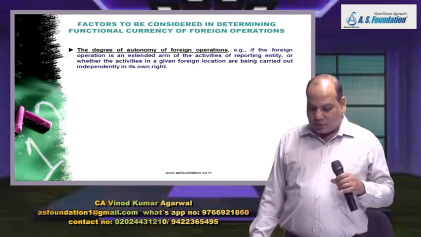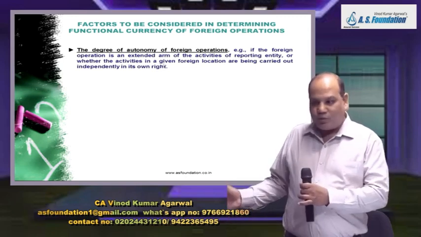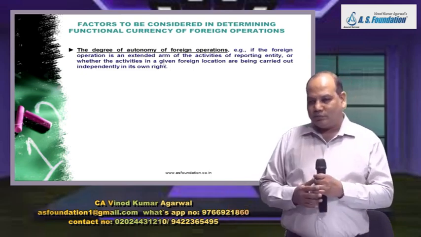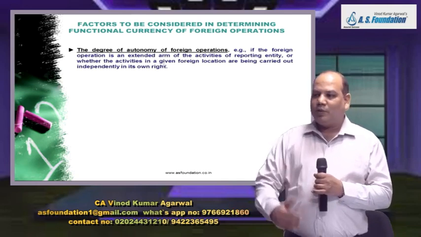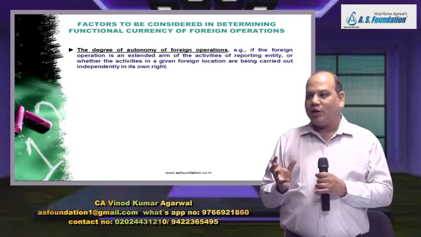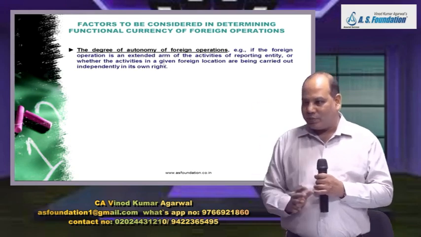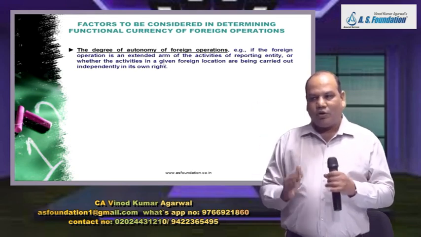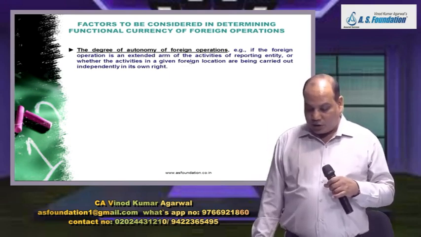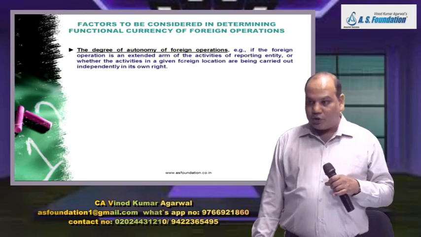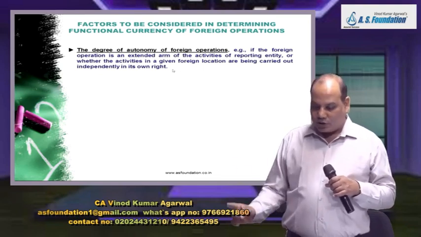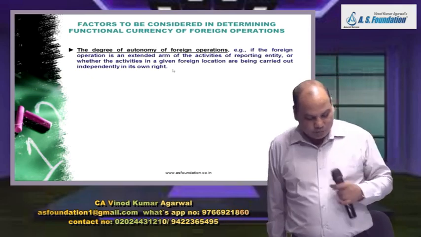Extended arm means you are just carrying out the activity of the reporting entity in a foreign country. It is as if the reporting entity itself is present in the foreign country, although for legal purposes they have created a separate entity, it is all the reporting entity working there. So in that case, the functional currency of the foreign operation will be equal to the functional currency of the reporting entity.